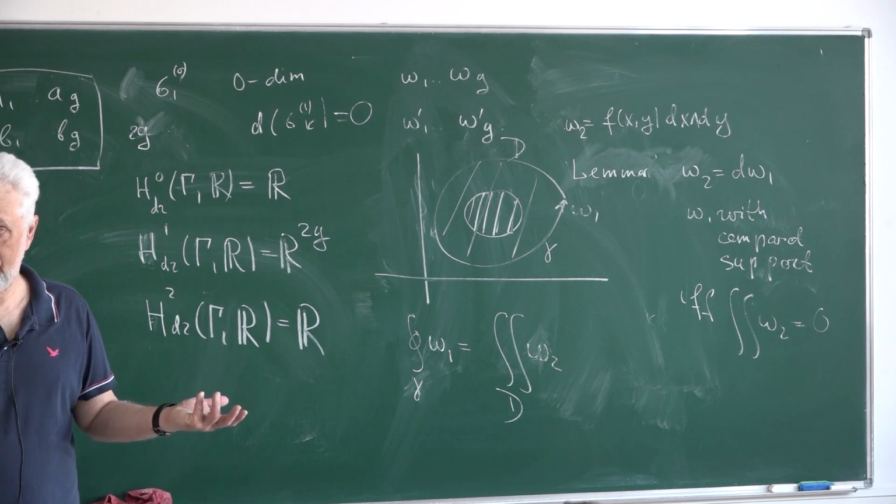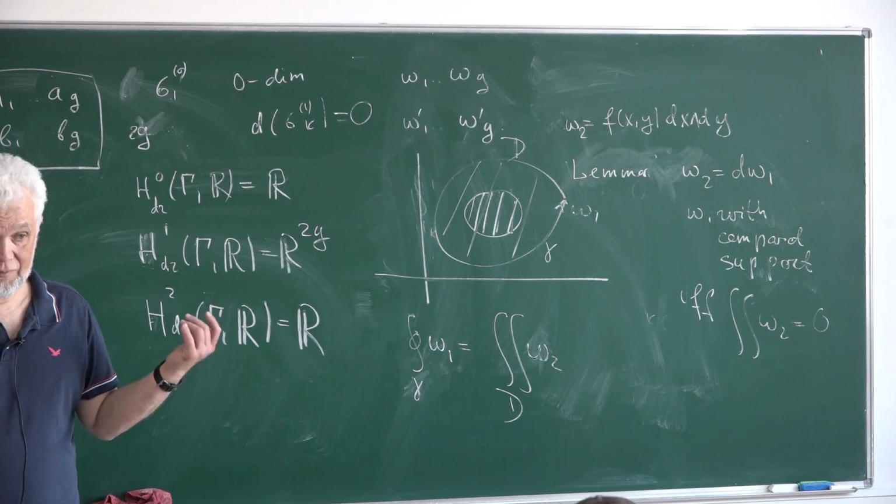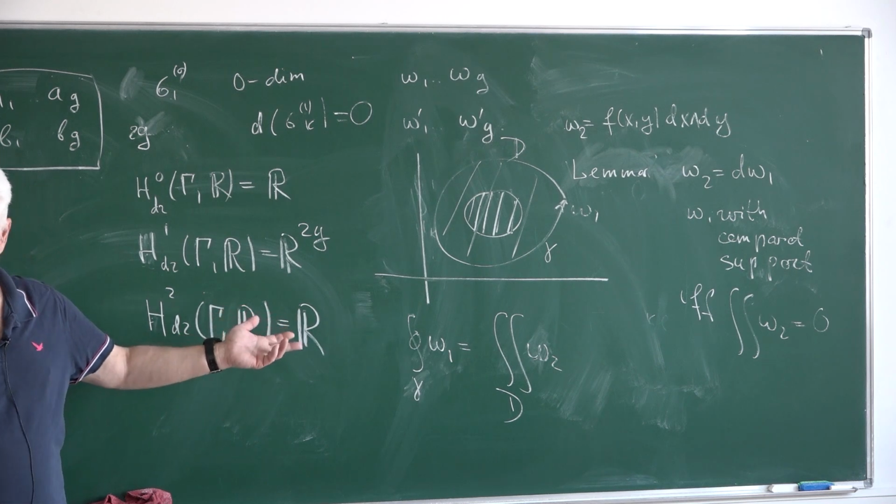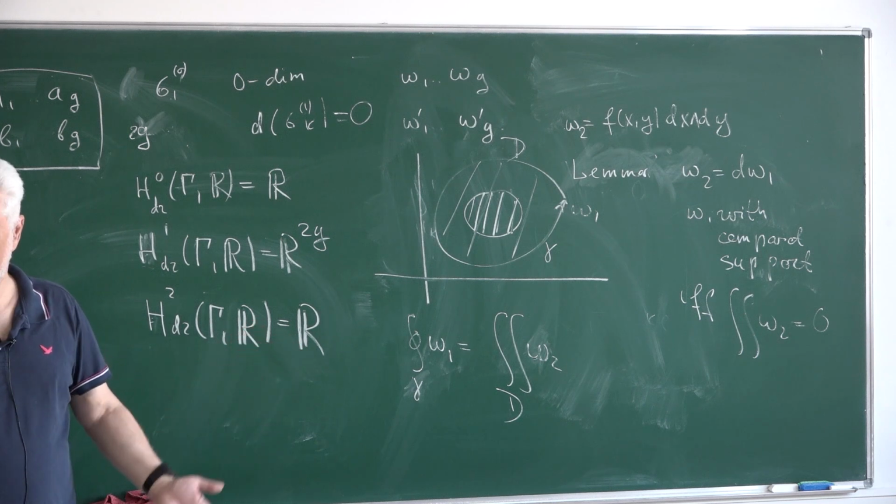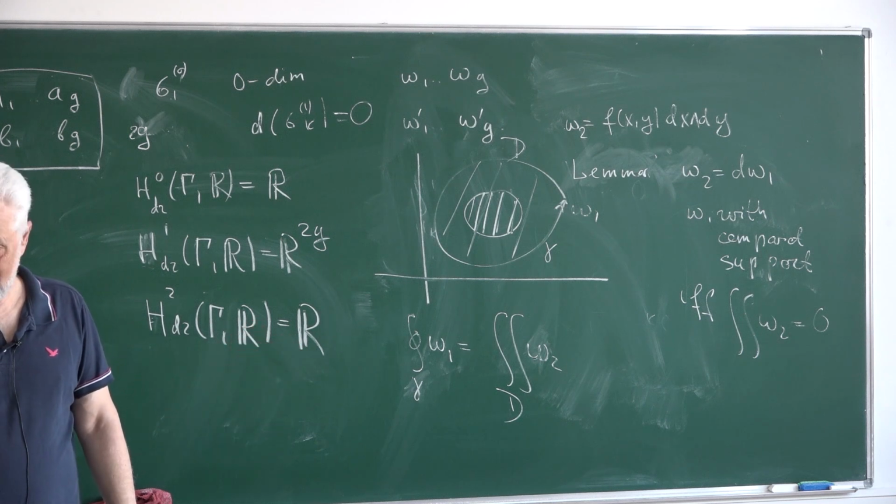In one direction, if omega 1 has compact support, then we apply the Stokes formula, and we see that the integral of omega 2 is 0. Okay?